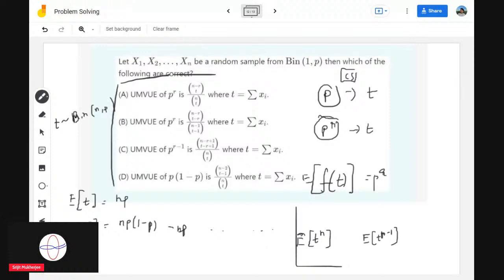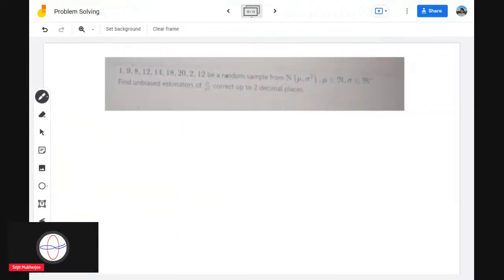Just give me a minute. Okay, so let's move ahead to this: a random sample from normal mu comma sigma square is given. Find the unbiased estimator of mu by sigma square.